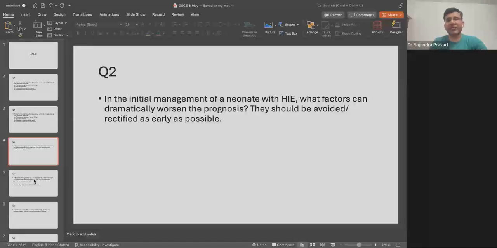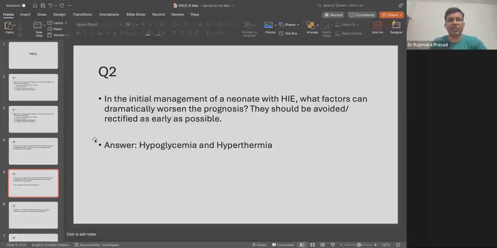There are multiple factors, but when we talk about the two most critical factors, they include hypoglycemia and hyperthermia. The remaining factors are actually part of hypoxia, like someone told hypotension, hypoxia, hypercarbia. They come in the definition of perinatal asphyxia. But in the postnatal management, especially during the initial stabilization phase, we should be very wary of hypoglycemia or hyperthermia.